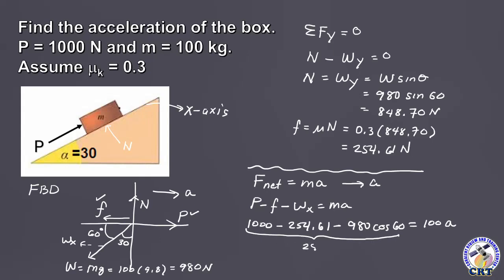This will give us 255.39. And divide both sides by 100. So acceleration is 255.39 over 100. And this is equivalent to 2.55 meters per second squared. So this is the acceleration for this example.